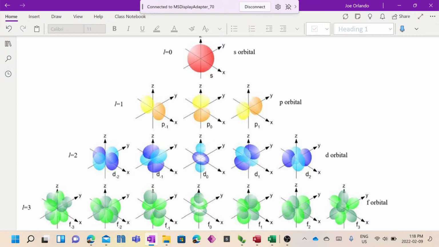So a p orbital has this kind of stereotypical bar shape. It's almost like two balloons held together at the middle. And a p orbital actually has three suborbitals. One that moves along one axis, one that moves 90 degrees to it on the z-axis, and one that moves 90 degrees to it on the y-axis.